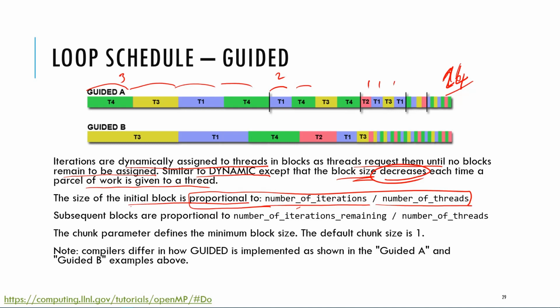So the size of the blocks or the chunks that are assigned to each thread is decreasing each time. And besides that, it's dynamic at the same time, because we may not assign to T2 at the first iteration because T2 was not really ready.